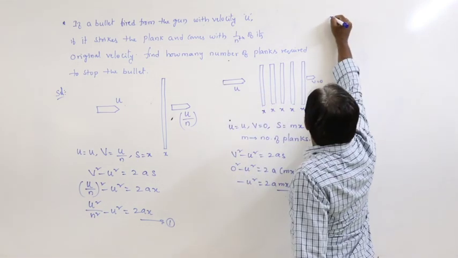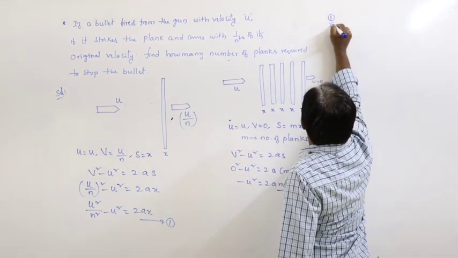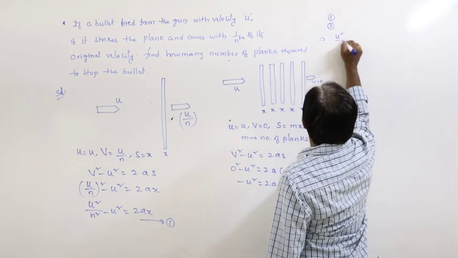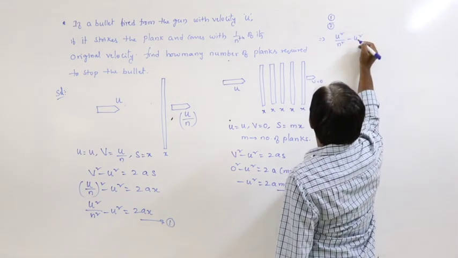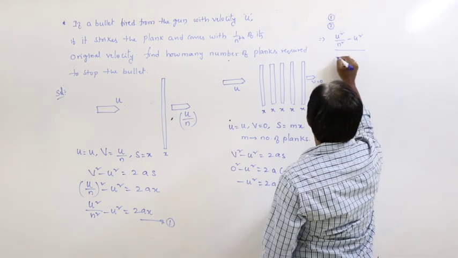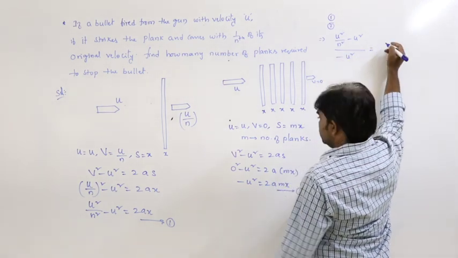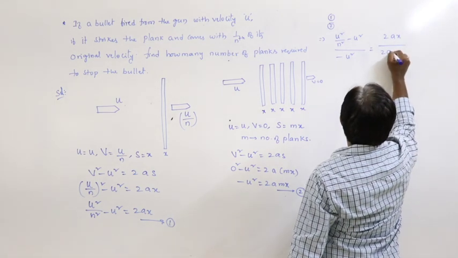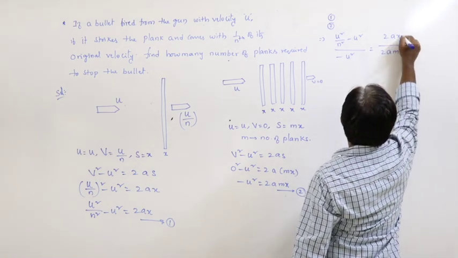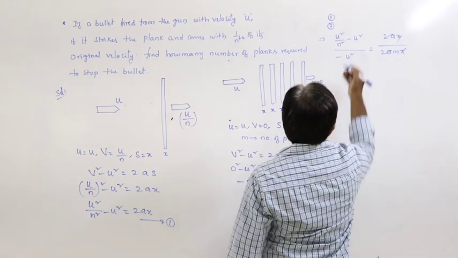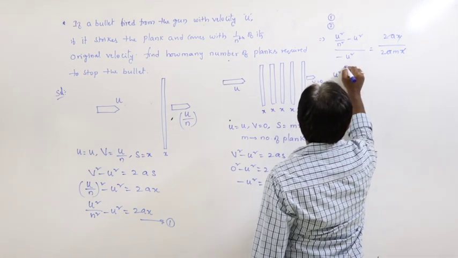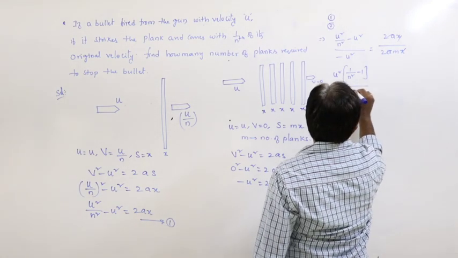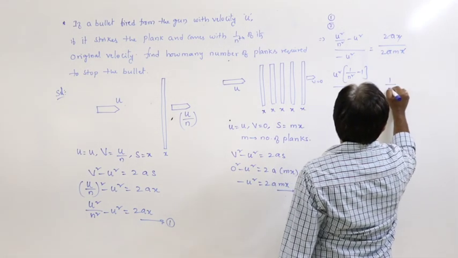Now equation 1 divided by equation 2. Equation 1 is u square by n square minus u square, and equation 2 is minus u square equals 2amx. The 2a and x cancel. Taking u square common, 1 by n square minus 1 divided by minus 1 equals 1 by m.